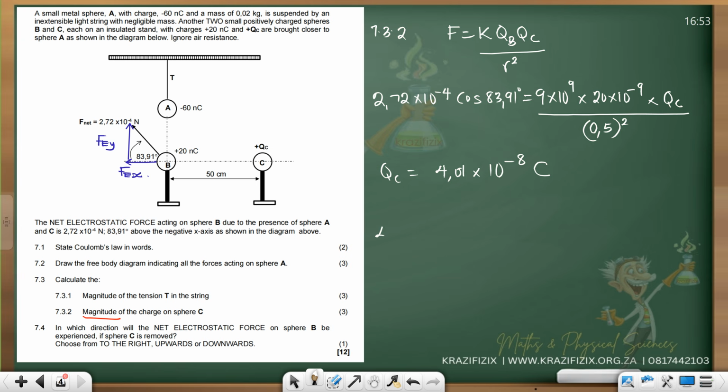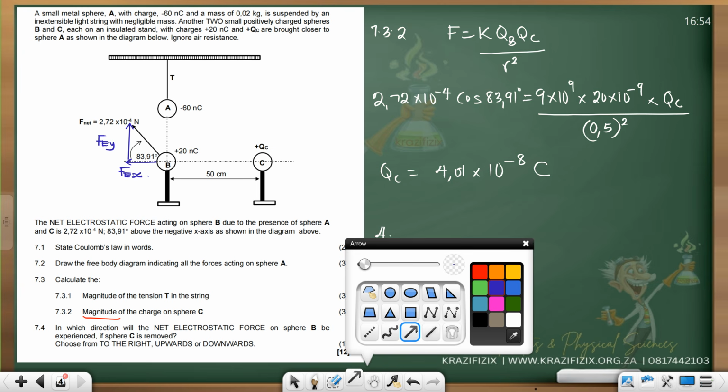Okay, last question. In which direction would the net electrostatic force on B be experienced if C was removed? Sorry, we're removing C. So we have 2 things, right?